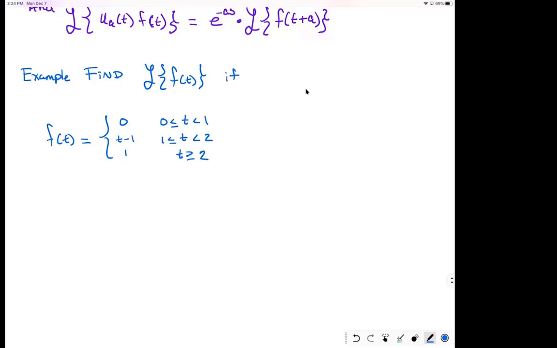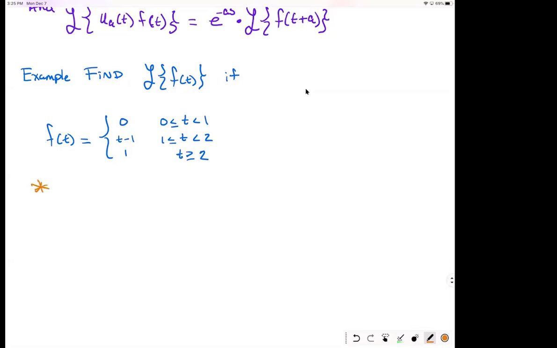So if I said that all correctly, I have 0 when t is between 0 and 1, t minus 1 when t is between 1 and 2, and 1 when t is bigger or equal to 2. So let's see here.